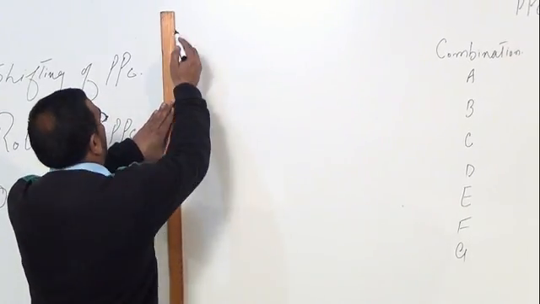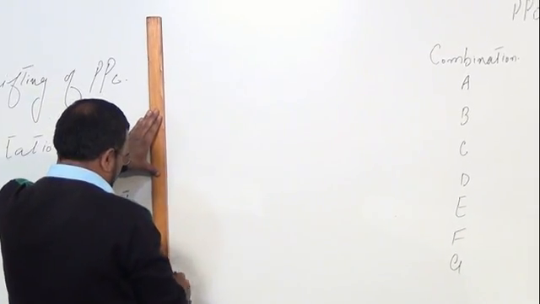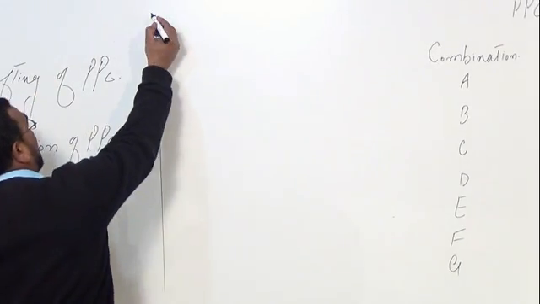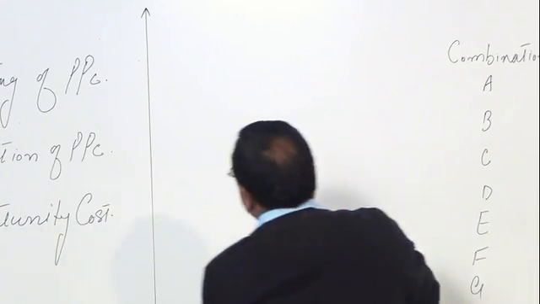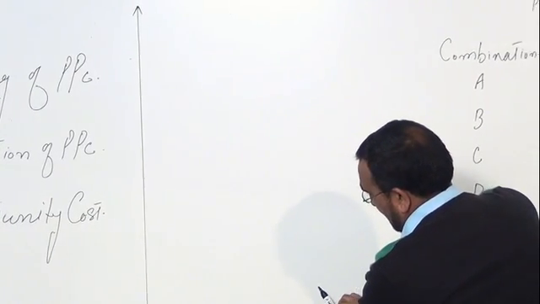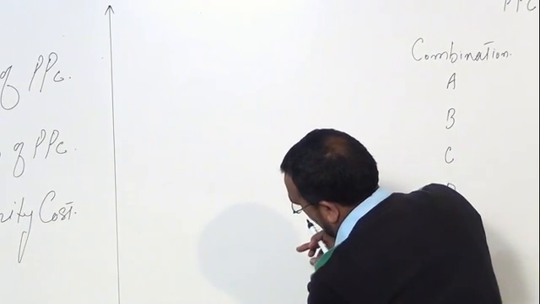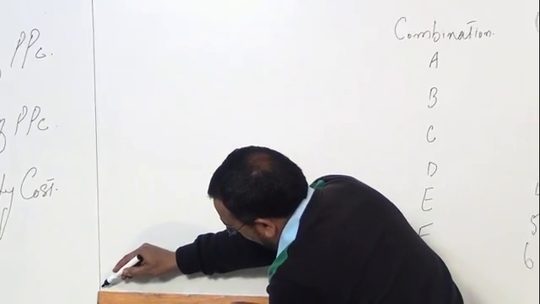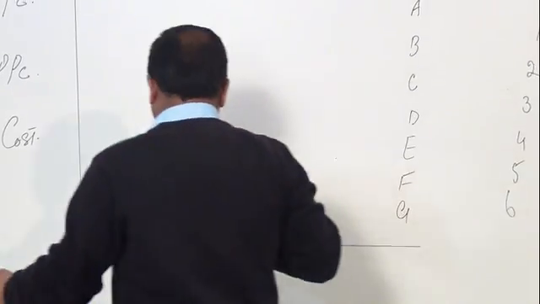Now let's plot the same data on a graph, and we will get a curve which we call the production possibility curve. On that curve, I will show you the next things related to it. This is our y-axis and this is our x-axis.